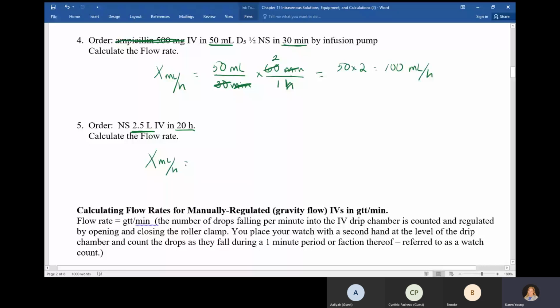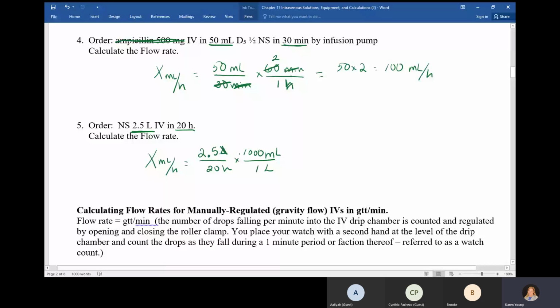I can still put it as 2.5 liters over 20 hours, but since I want milliliters instead of liters, I've got to do the conversion. So liters on top, liters goes to bottom, milliliters will go on top. So how many milliliters are in a liter? 1,000. So 1,000 milliliters, 1 liter.